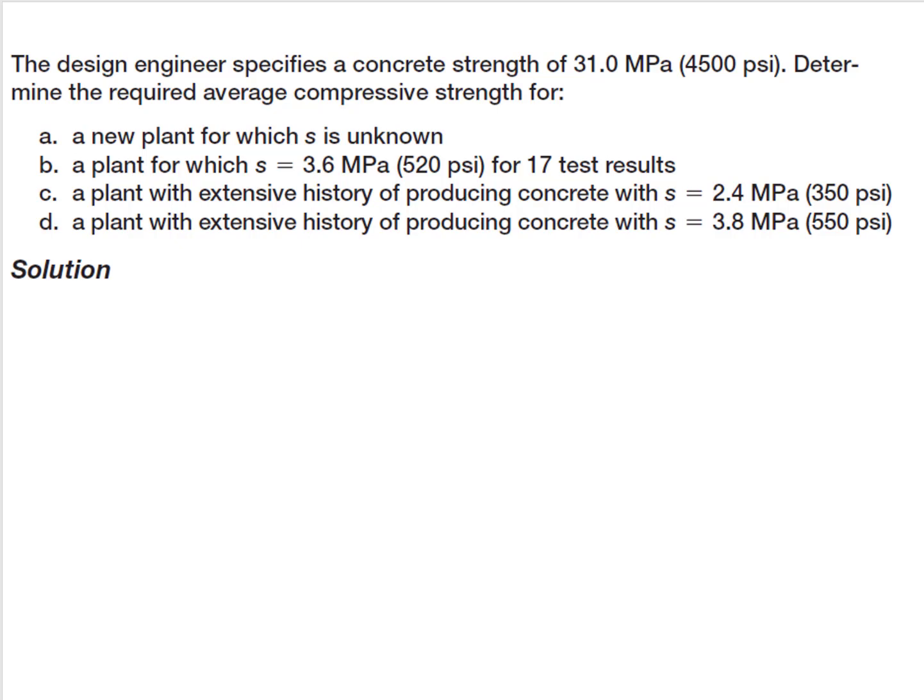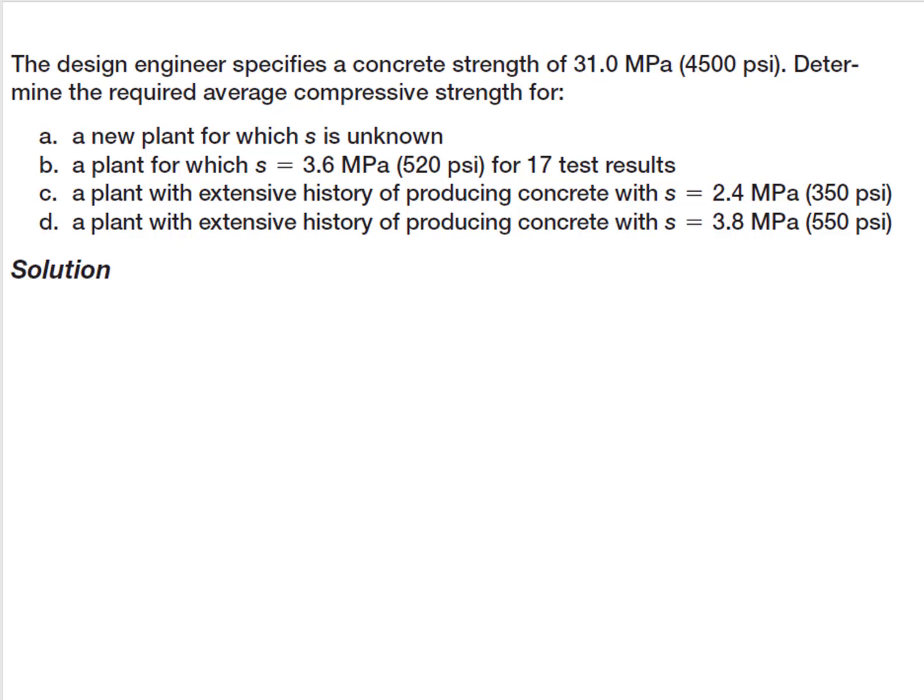So the design engineer specifies a value for concrete strength, which is 31 MPa, and it asks us to determine the required average compressive strength for 4 different cases. So the first one is a new plant for which S is completely unknown, and second, a plant for which S equals 3.6 MPa based on 17 test results.